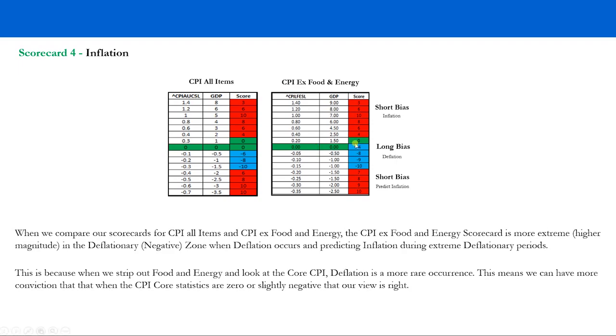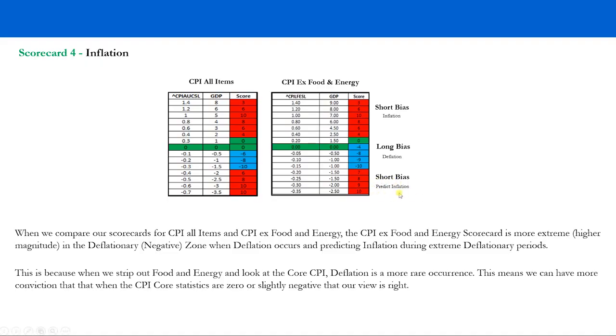So when we have a zero or slightly negative number, we basically are saying that the currency in the short term is going to increase in value because prices are going lower, deflationary. But if this gets out of control, we have a very high conviction, even relative to the CPI, that the central authorities are going to react and spur inflation in some way.